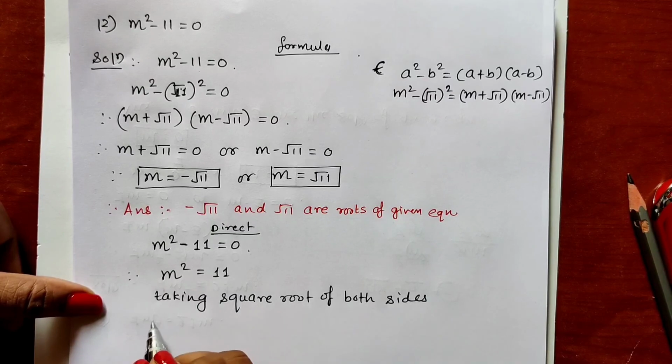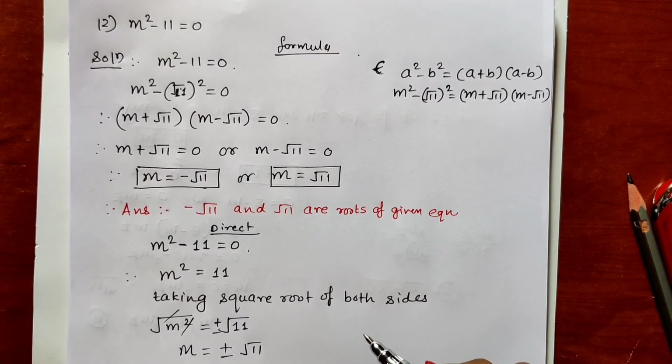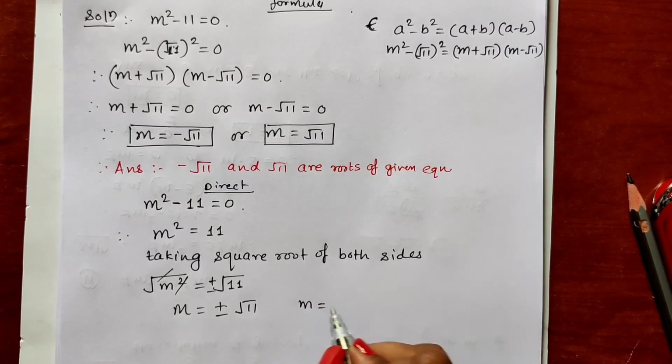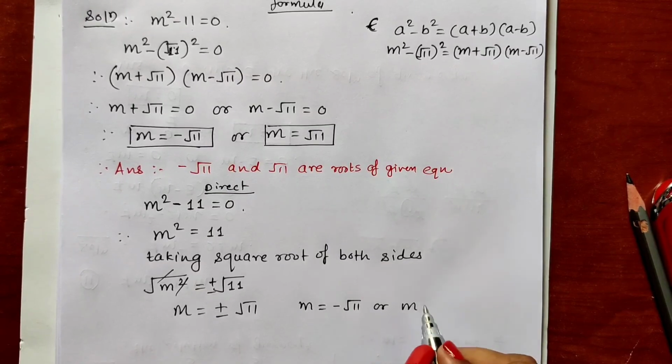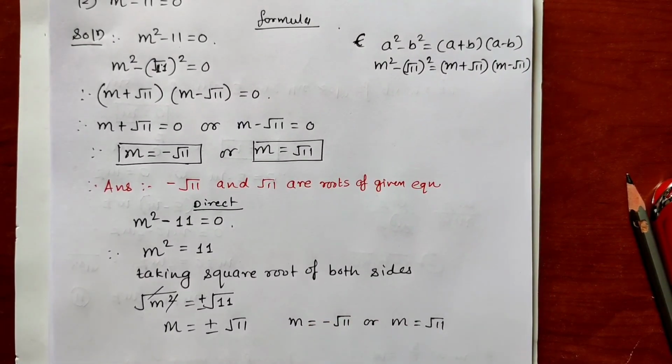So we take the square root of m square and the square root of 11. It can be plus minus square root of 11, and m square cancels, so m is equal to plus minus square root of 11. So the two values of m are minus square root 11 or plus square root 11. In this way, by the direct method also you can solve this sum, and these are the two roots of the equation.